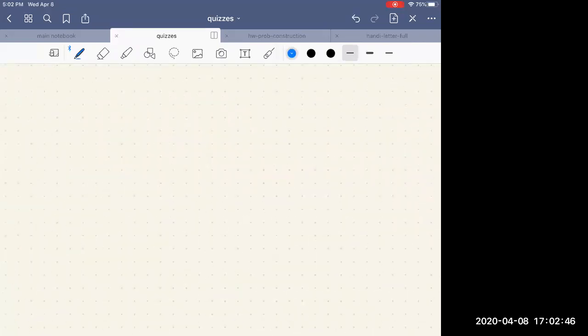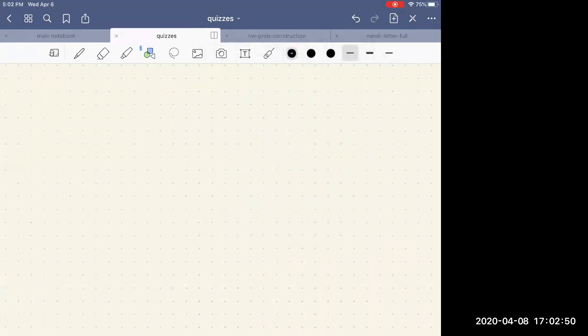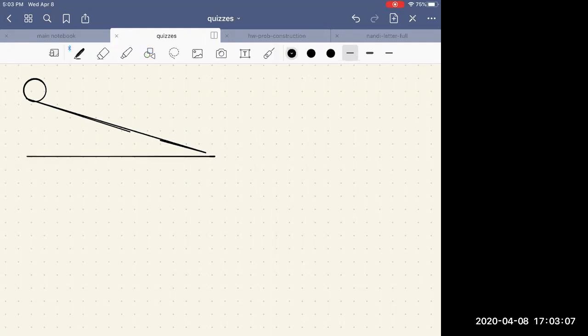In this problem, let me switch over to black because I'm going to draw an inclined plane, like this. And let me have a disk here. Let us say this is at some height h.